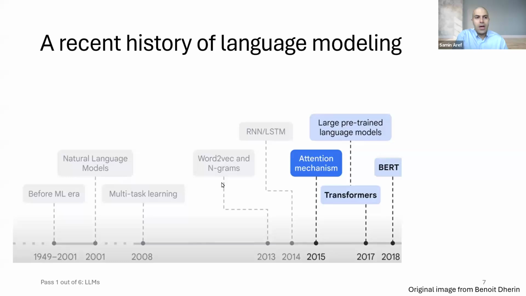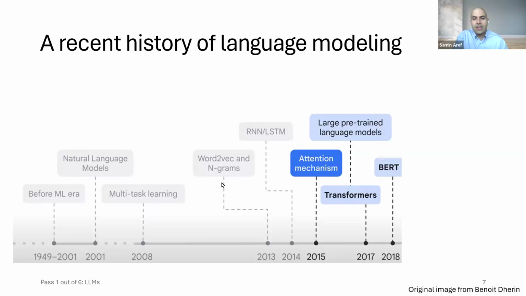So what you see on this slide is a recent history of language modeling. You can see the gray part where, in 2014, methods like RNN and LSTM were state-of-the-art methods for language tasks like translation.